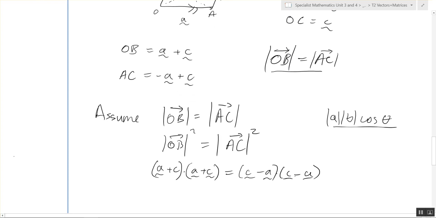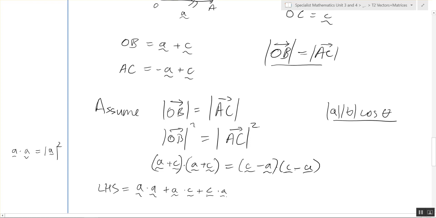So side note, if you dot something by itself, because the angle is 0, cos 0 is 1. So you just get the magnitude squared. Dot a plus c, dot a plus c.